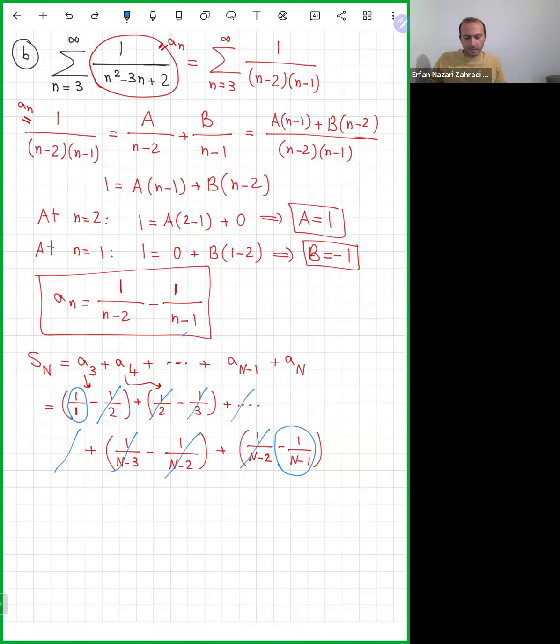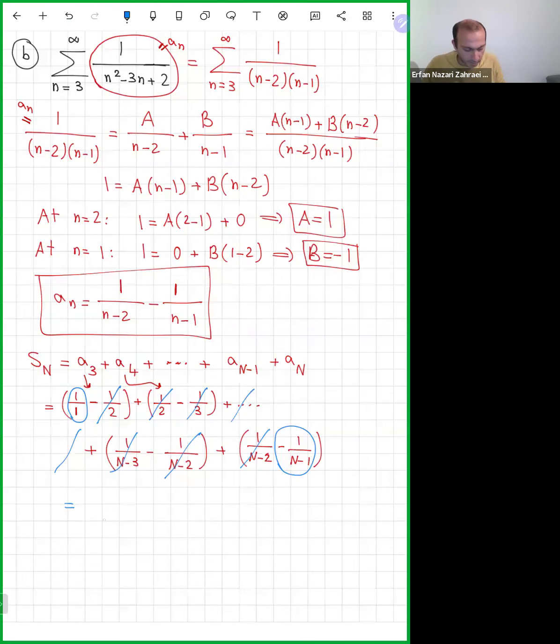Everything else cancels. Basically, in the first term you should keep the one with the lower index, and in the last term, out of the two terms, you need to keep the one with the larger index.